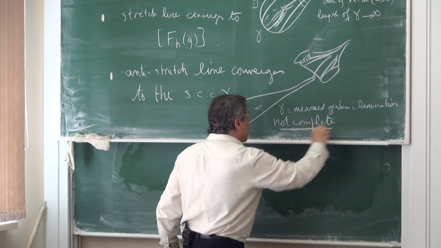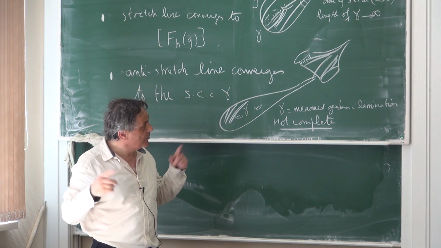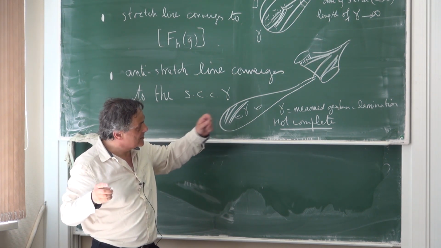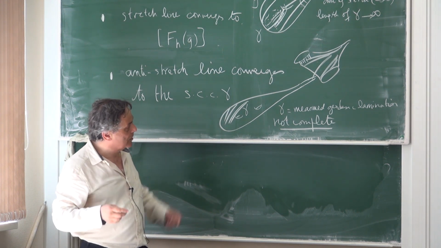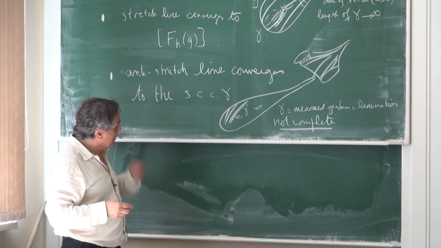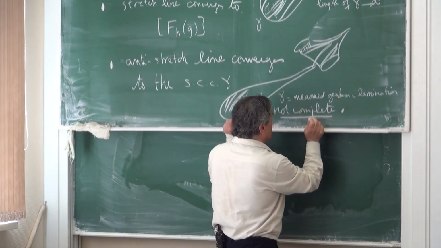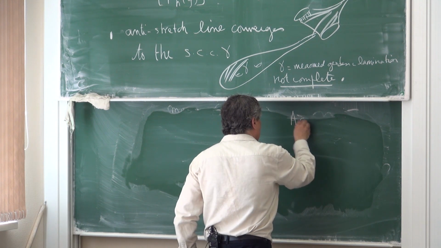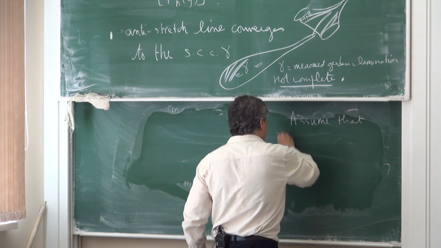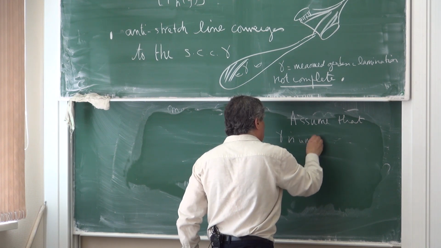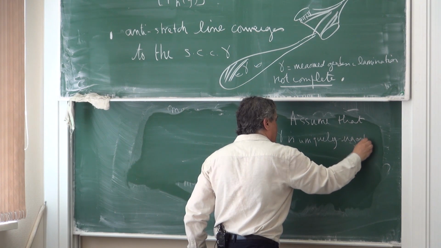That is, the complement of gamma in the surface is not a collection of ideal triangles. It's something more complicated than ideal triangles. Then assume that gamma is uniquely ergodic.